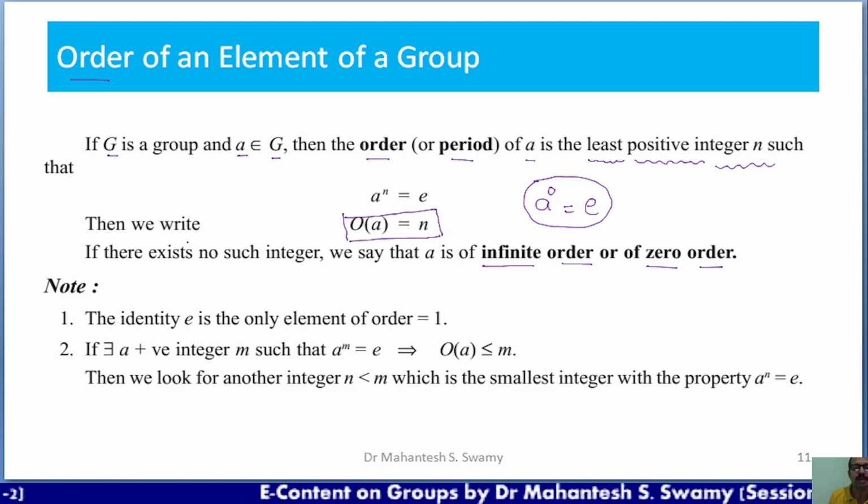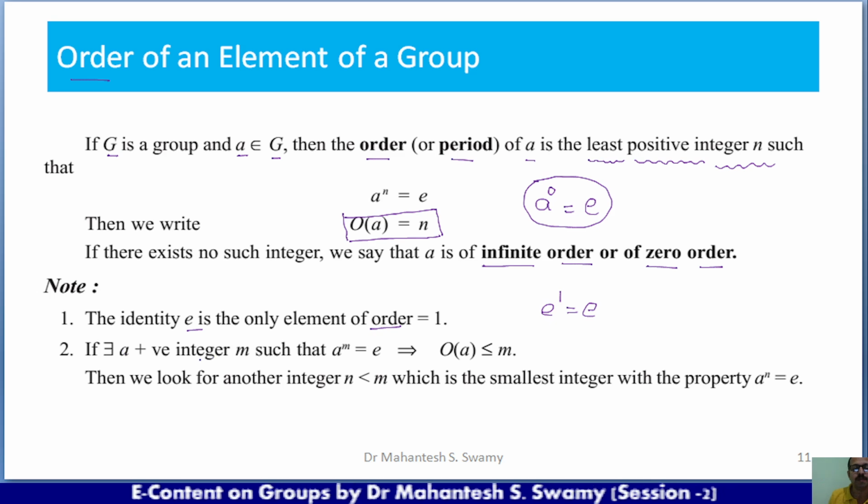Now the identity element is, of course, an element of order 1. Why? Because e^1 is equal to e, therefore the order of e is 1. Now, if there exists a positive integer m such that a^m is equal to e, then you cannot directly say that the order of a is m.